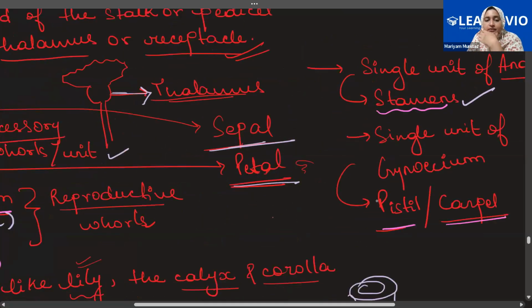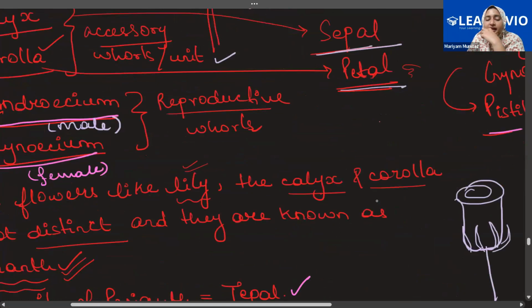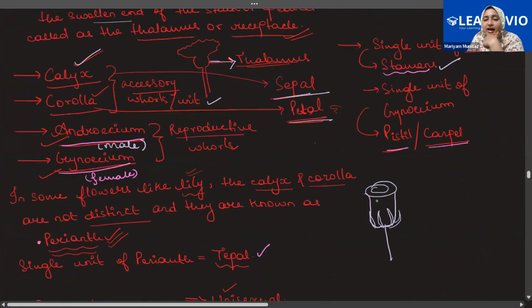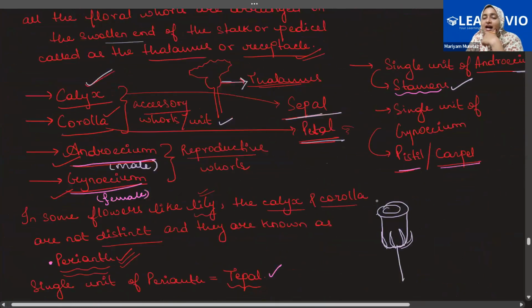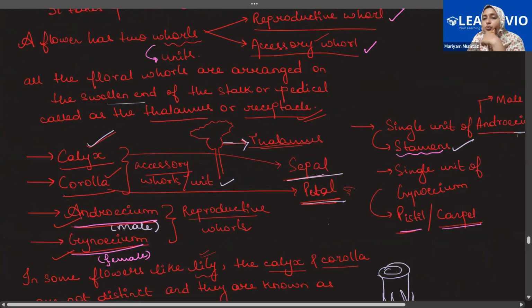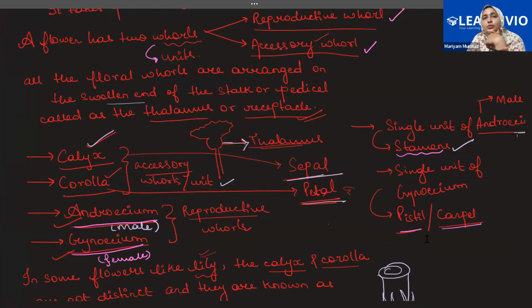Yes, ma'am. Now there are some flowers. If I give you a flower and ask you to tell me which one is a calyx and which one is a corolla, will you be able to do so? You will be able to, because you can easily distinguish which one is a petal and which one is a sepal.